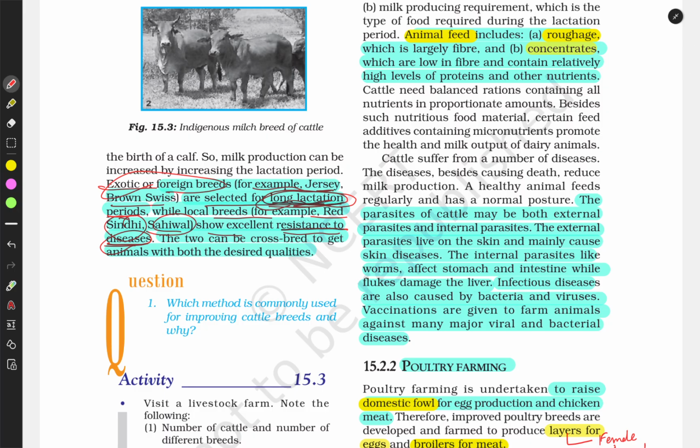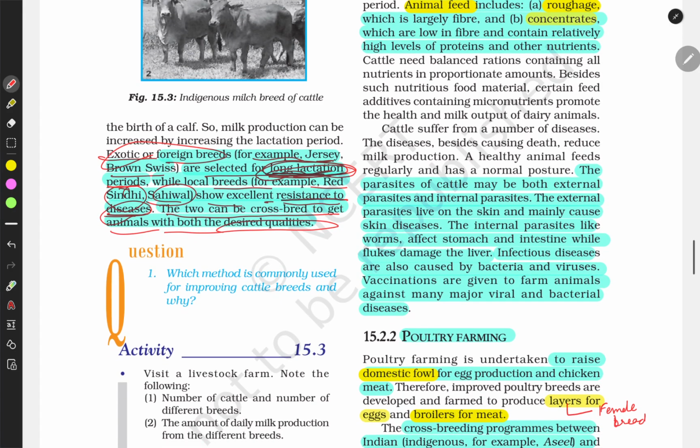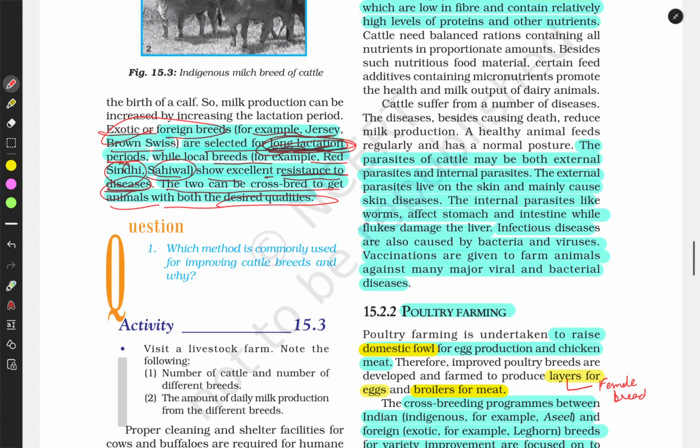So obviously they evolved a disease resistant body, and these two can be crossed to get an animal with both desirable qualities. Like both the milk lactation period should be longer, and they are also disease resistant. So both are crossed to produce desirable cows.